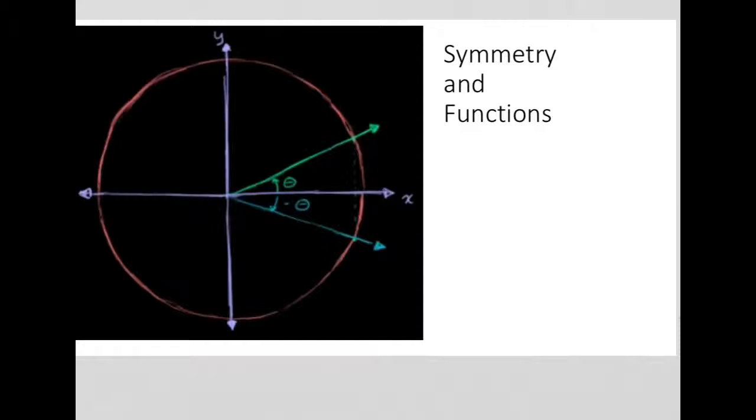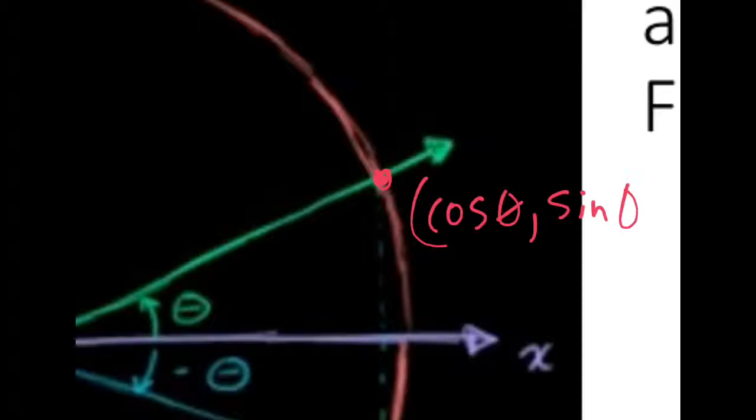And we want to think about the symmetry that we know right here. So think about this point right here. That point is going to correspond to the x value, cosine of theta, and the y value, sine of theta.